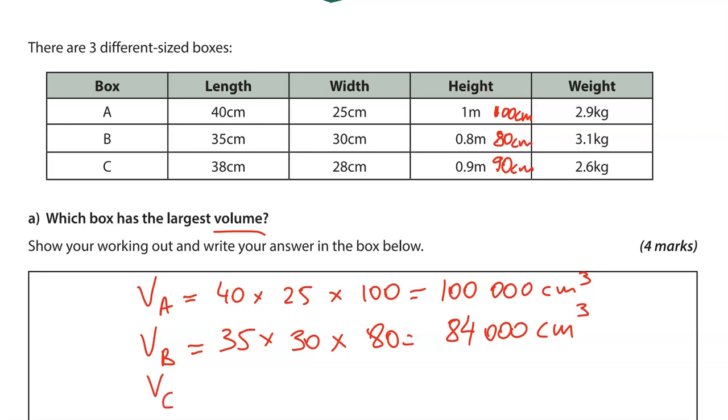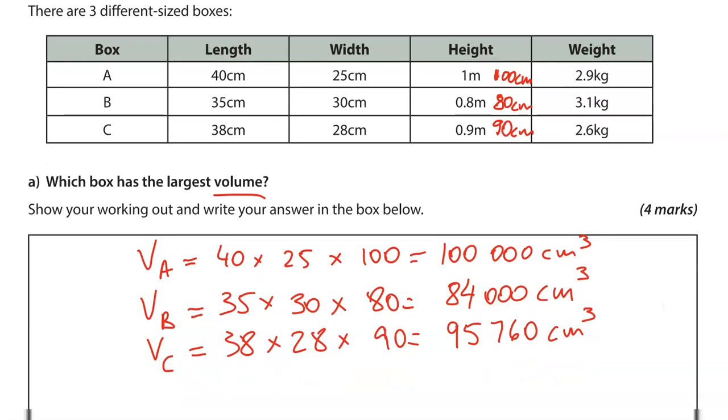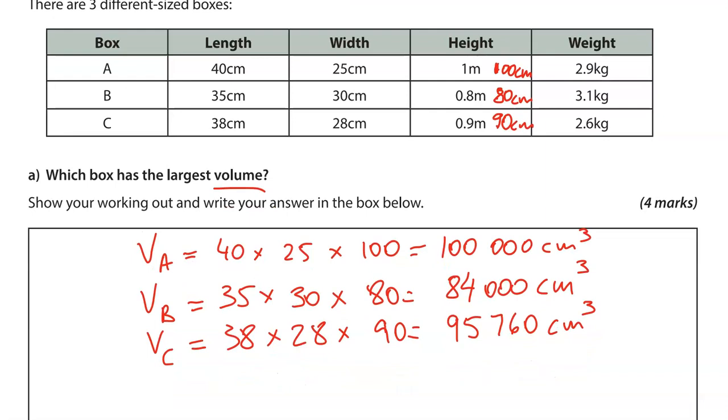Volume of box C is 38 times 28 times 90, which gives us 95,760 cubic centimeters. So as we can see, the largest volume is that of box A.